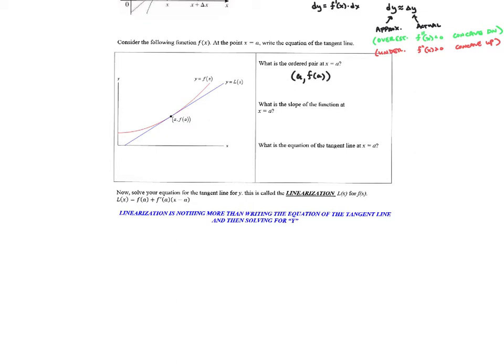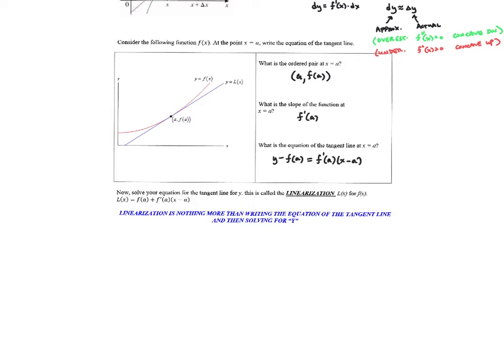What is the slope of the function at x equals a? That's pretty simple. That's f prime at a. Therefore, the equation of the tangent line at x equals a would be y minus f of a equal to f prime at a times x minus a.